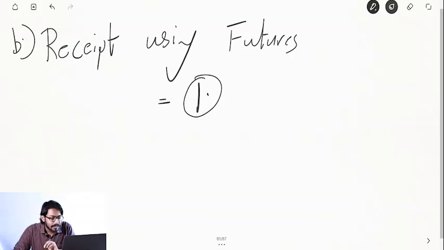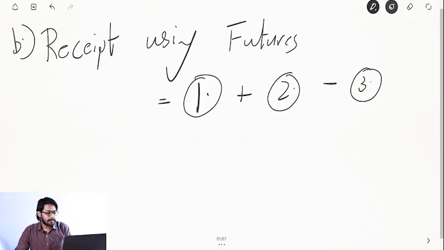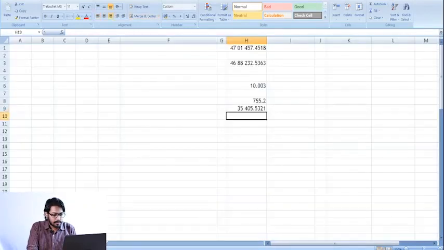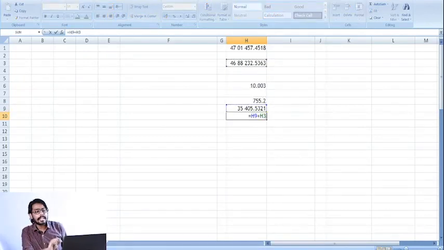1, gain in futures, plus 2, your receipt from cash market, minus 3, interest on futures. Let's check out what that comes to. Your gain on futures is 35,405 plus receipt from cash market is 46,88,232. Check that out.